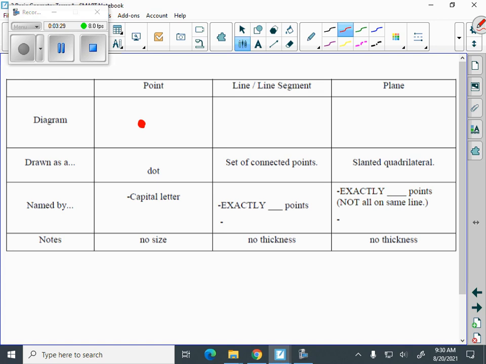It's called by a capital letter, so I could put in A here. So in this case, this would be point A. And even though we can tangibly see that, technically in geometry, a point has no sides. Don't get caught up in that. Just know what a point is.